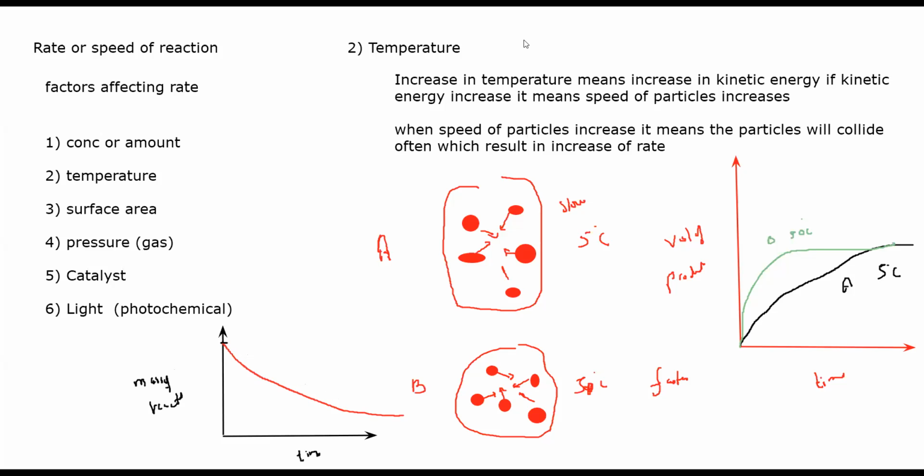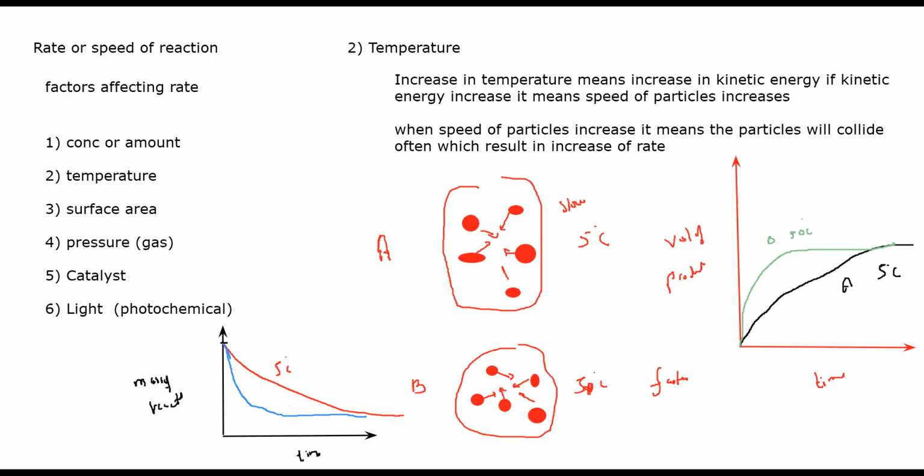But if I say this was done at 5 degrees, now you want to sketch a graph at 50 degrees. At 50, the reaction will be much faster. So with a steeper slope, in a short time you will obtain a greater change in mass of the reactant, and then it will be constant. When it starts to be horizontal, it means the reaction has finished.